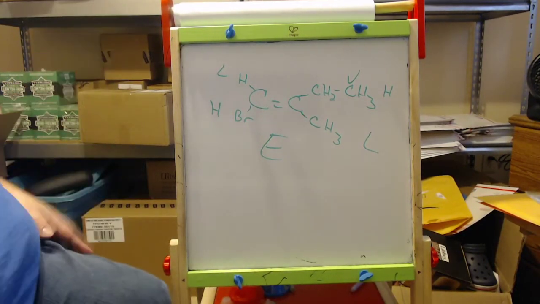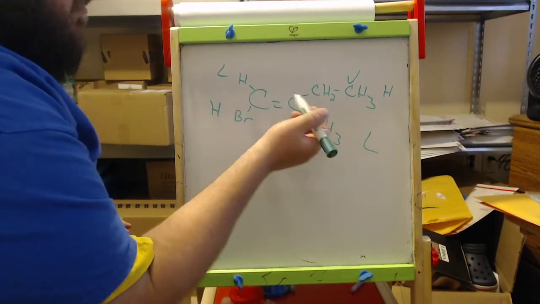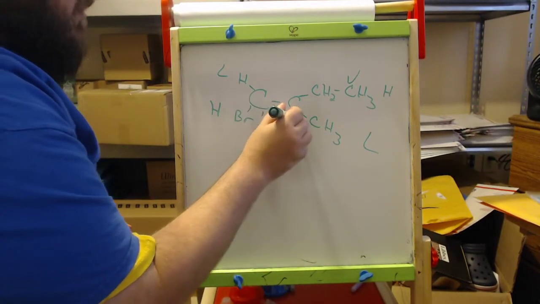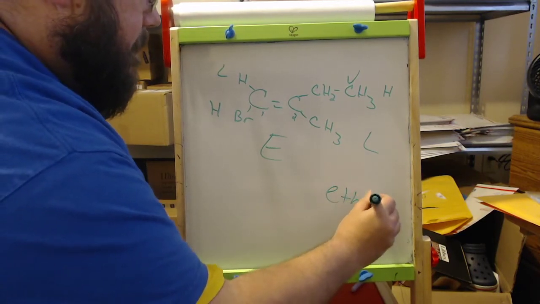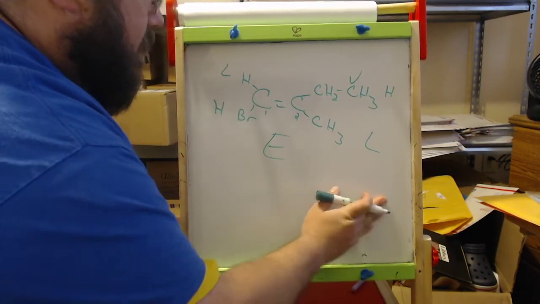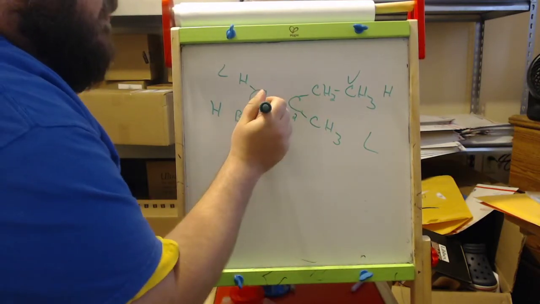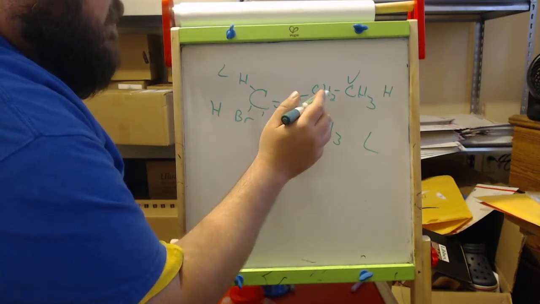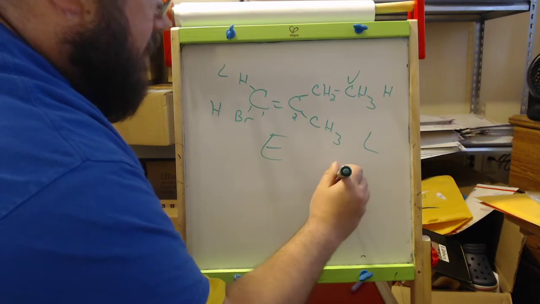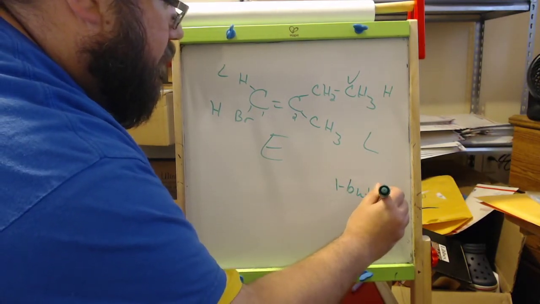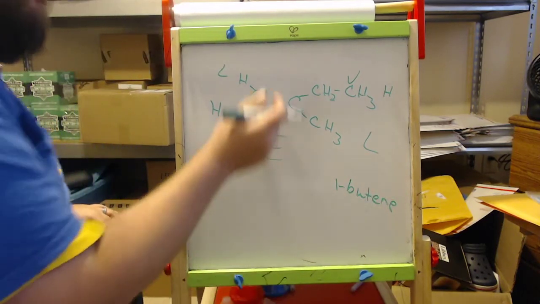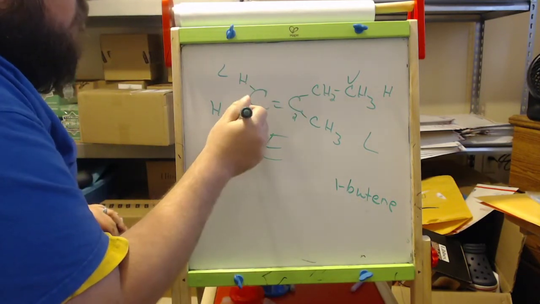Now, if we want to worry about our full naming here, okay, let's call this 1, let's call this 2. It's still ethene. Oh, it's not ethene, sorry. So 1, 2, and let's see, our longest is 3, 4. It's 1 butene. Okay. And yes, I snorted there. I don't know why.